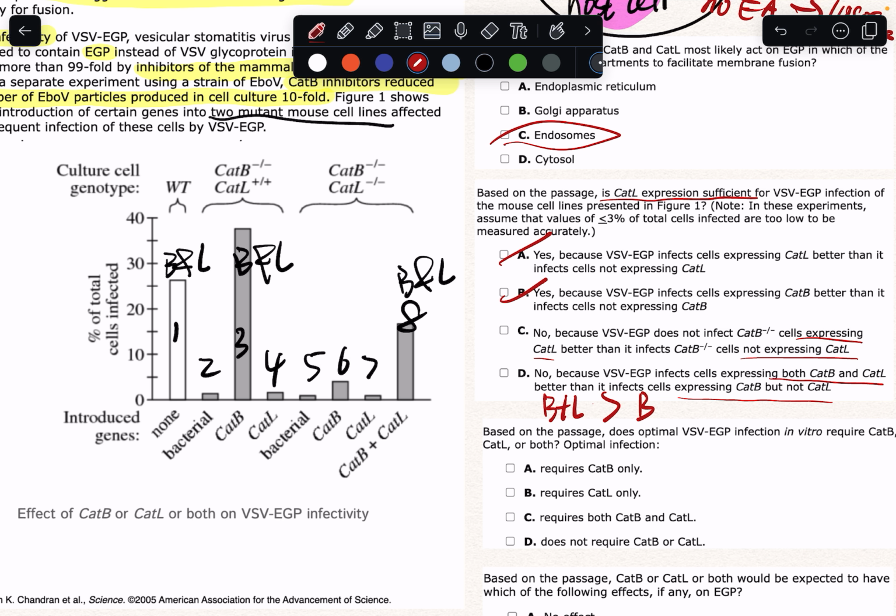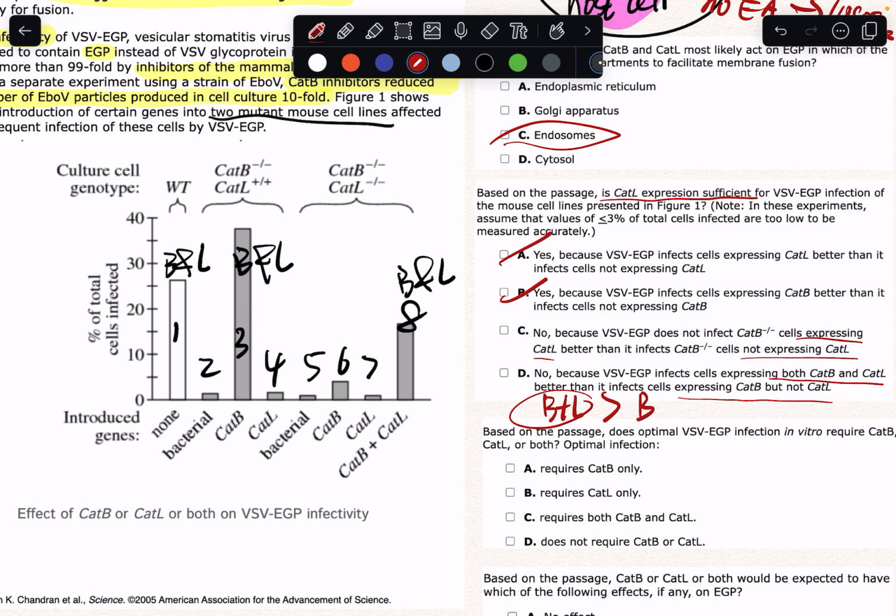So D is telling me both B and L together is efficient for a decent amount of infection, okay? So it doesn't answer my question. D is saying B and L are sufficient, both. It's not saying that cat L expression alone is sufficient, okay?